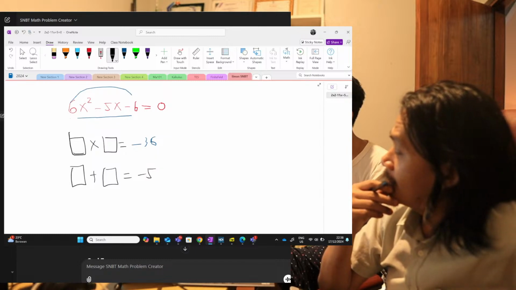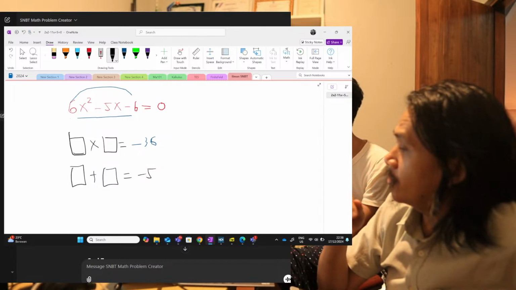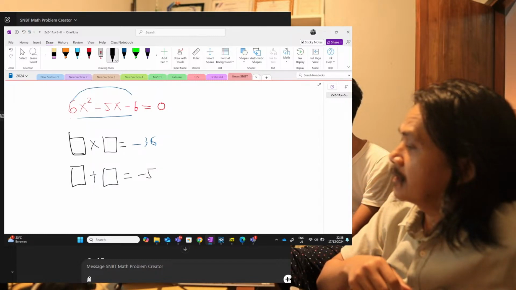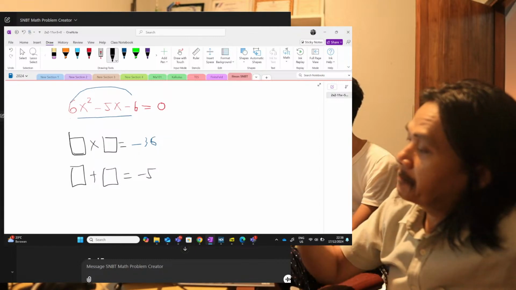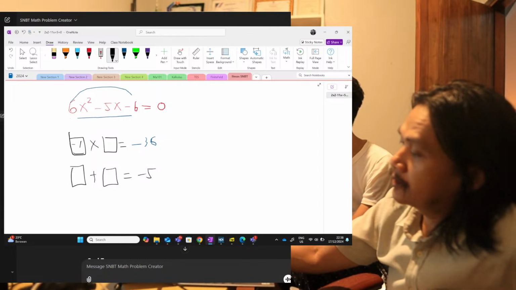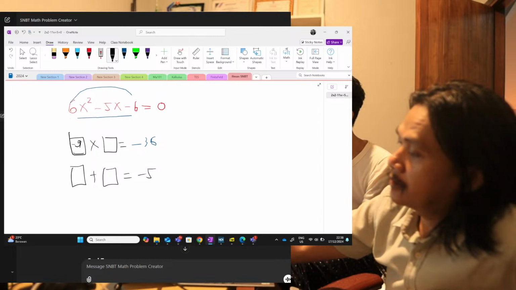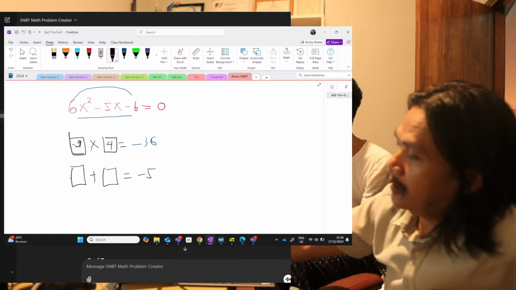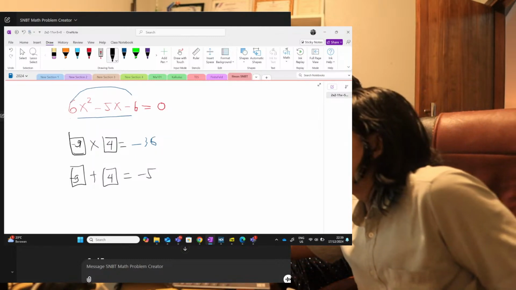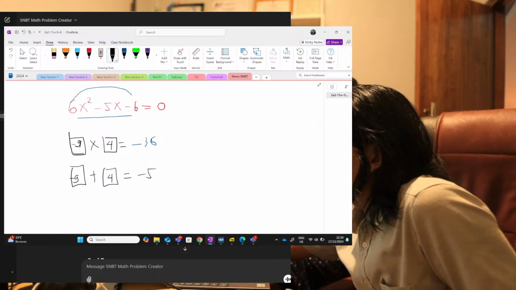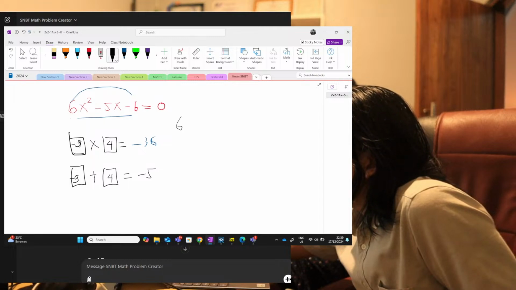Okay. Kalau kita nyoba satu-satu, 9 sama min 4, min 9 sama 4. Nah, algoritma yang standarnya itu adalah kita tuliskan si min 5 nya ini sebagai min 9x tambah 4x.